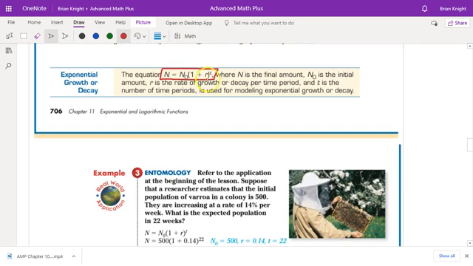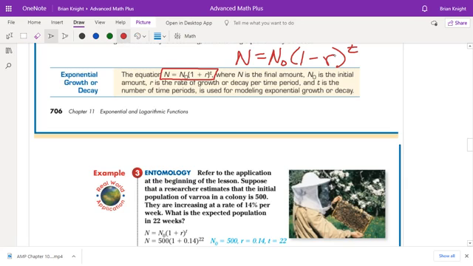This is growth, which it is. 1 plus R is growth. But if you're decaying, you're going to be subtracting R. So in other words, if what's in the parentheses is less than 1, because you're saying 1 minus something, it's going down. If it's greater than 1, you're adding R, it's going up, okay?